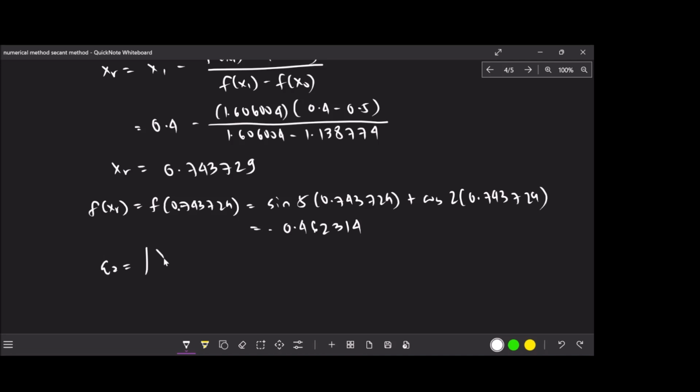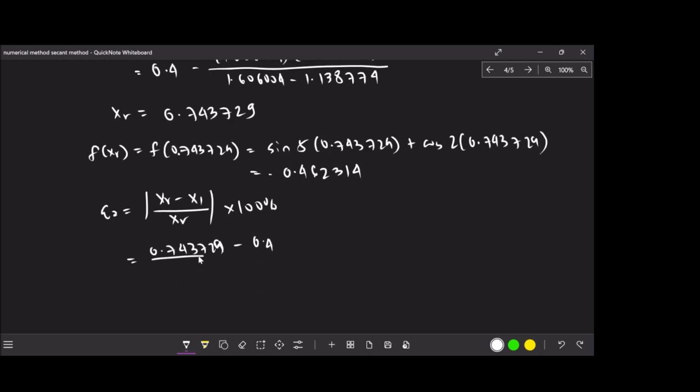This will be equal to the absolute value of xr minus our x1 over our xr, times 100%. So we have 0.743729 minus our x1, which is 0.4, over 0.743729. Okay, so times 100.